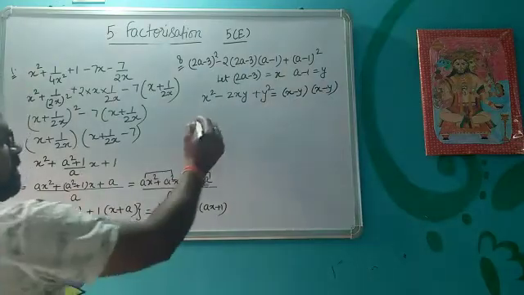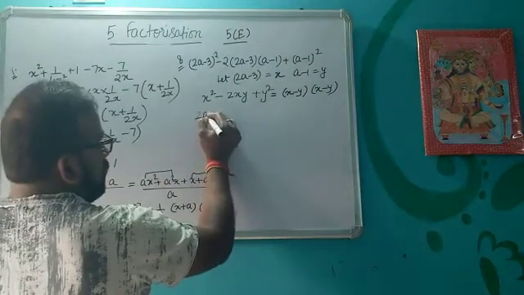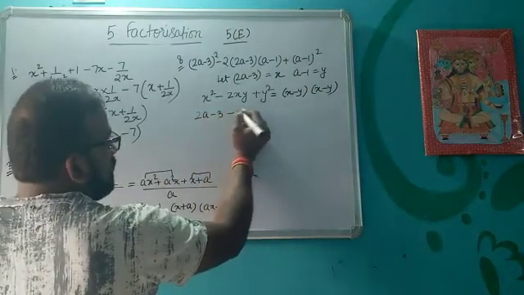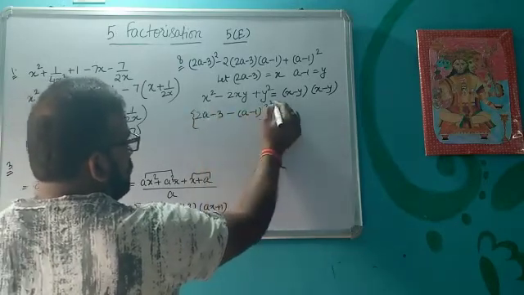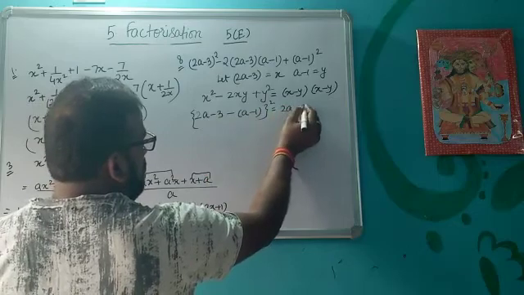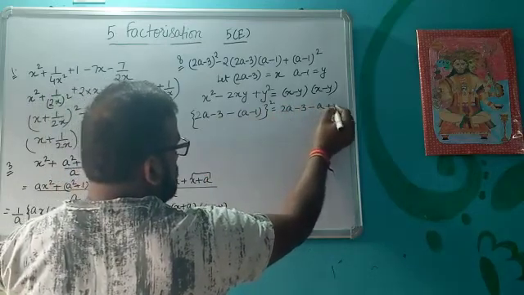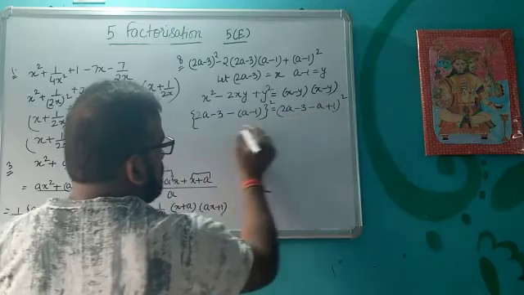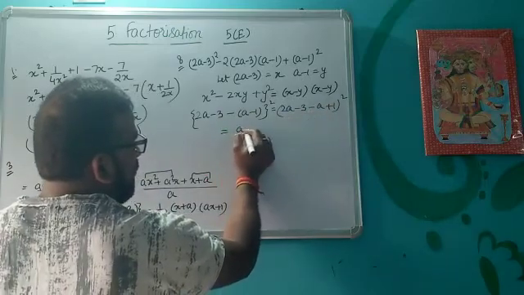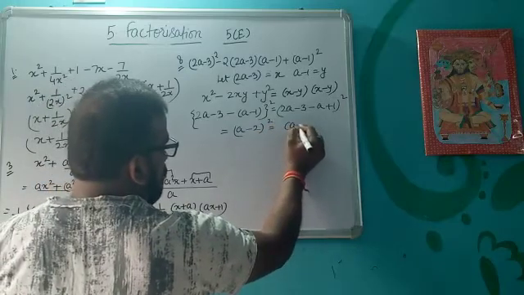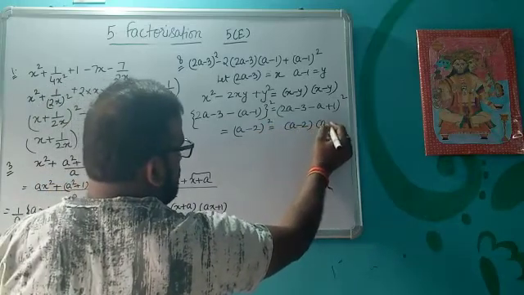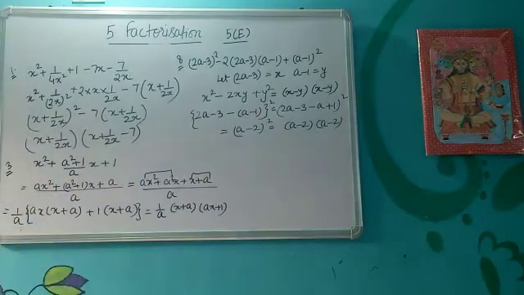Is it? So let's put the value, 2a minus 3 minus a minus 1 whole square. So it is 2a minus 3 minus a plus 1. So we can write it as a minus 2 whole square, or if you want to write in terms of factors, it is a minus 2 into a minus 2.